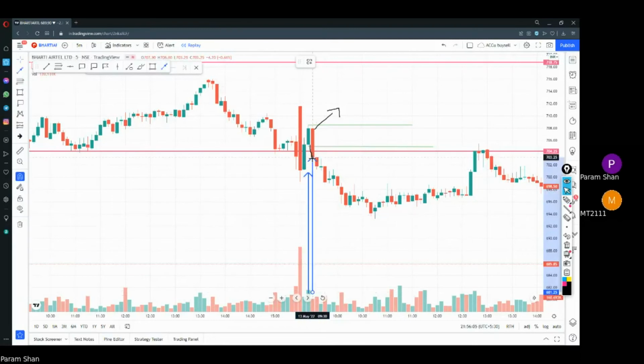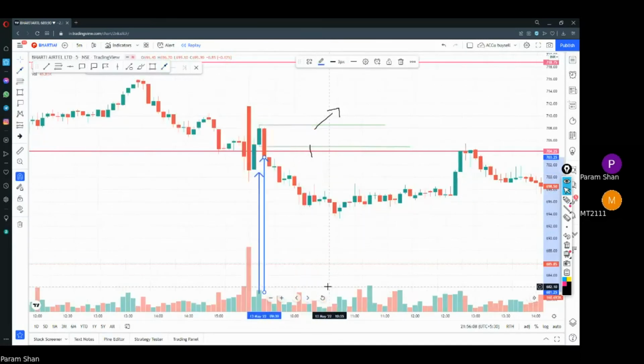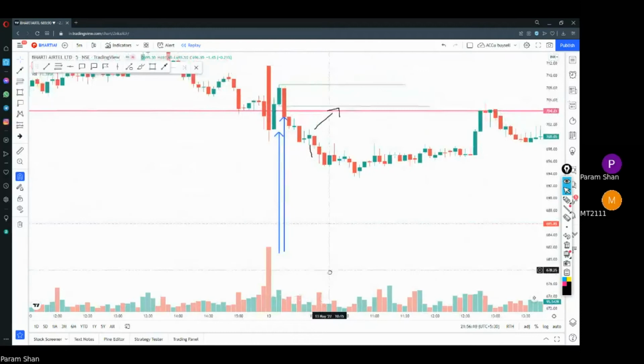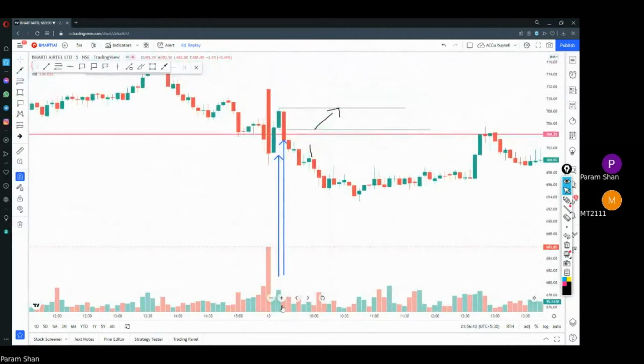See the volume compared to the previous candle, the volume is less here. So that is not our candle for us to consider or enter the market. We have to wait for that confirmation to happen with the volume.